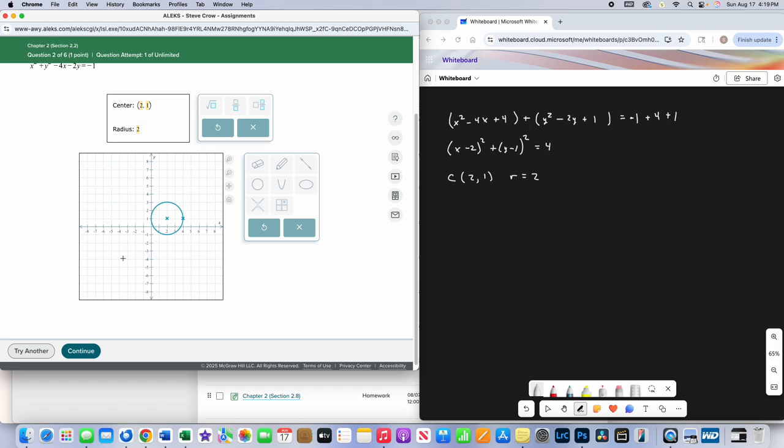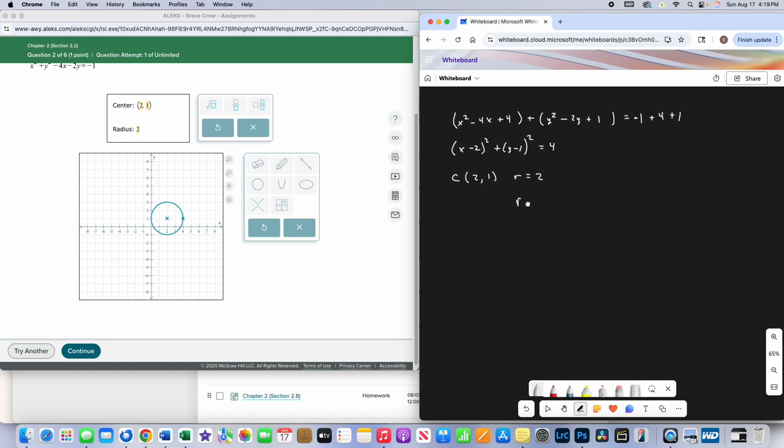Now let's say that, and I know this isn't the problem, but let's just say that our radius is, I don't know, square root of 2. How in the world are you gonna do that?